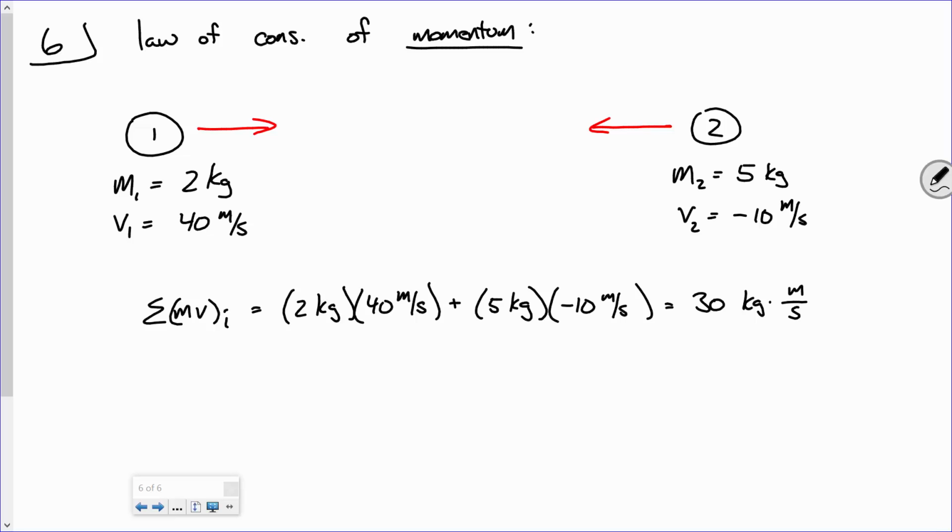Make sense? So the momentum going into this situation has to equal the momentum coming out, okay? So here's my initial momentum. My final momentum is the final mass times the final velocity. What is the final mass? 7.